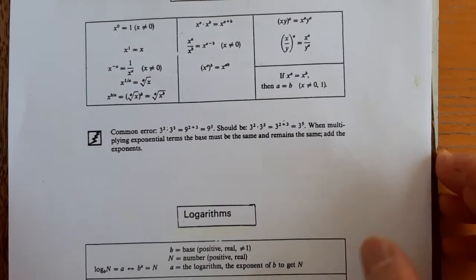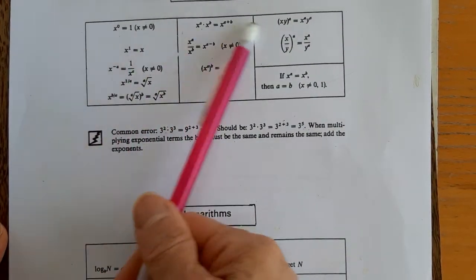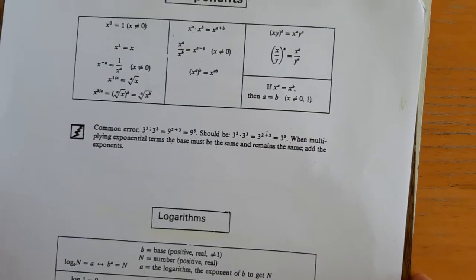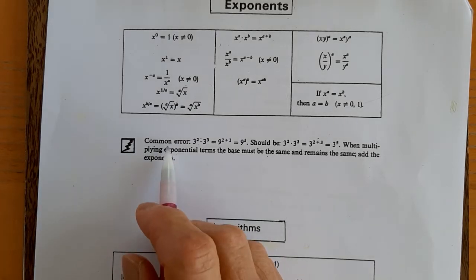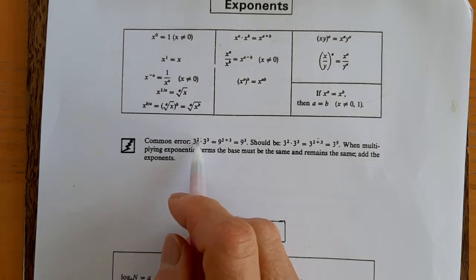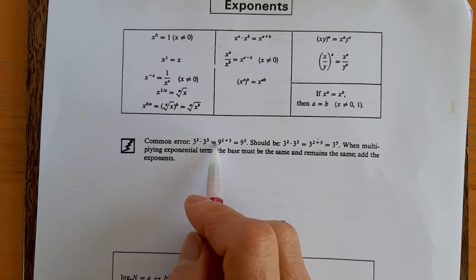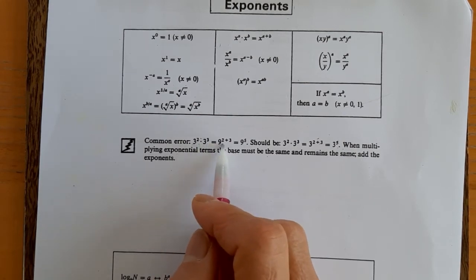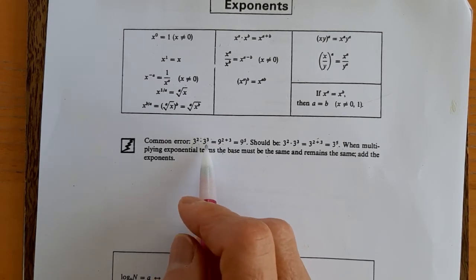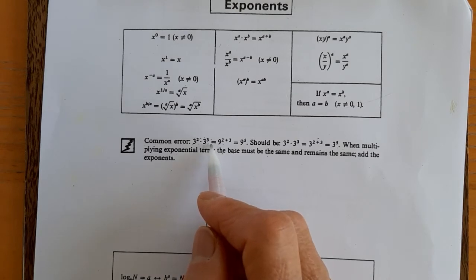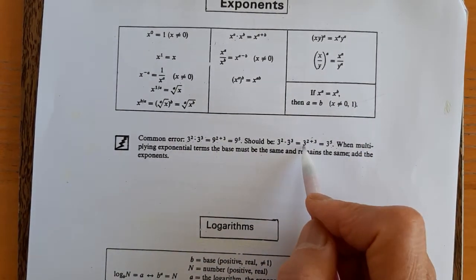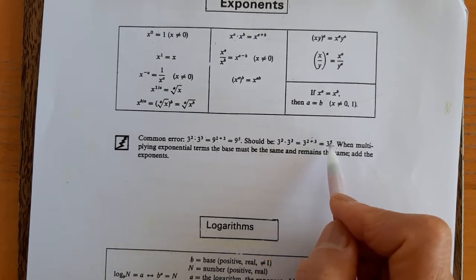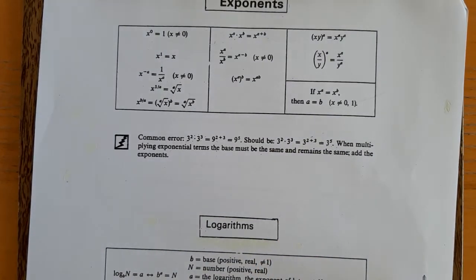Those rules are listed on your notes. You can find those notes in the files. So, common errors: 3 squared times 3 cubed is not equal to 3 times 3, getting 9, or 2 add 3. No, this is an error. The base is 3, and you add the exponents, 2 plus 3, so it should be 3 to the power 5.